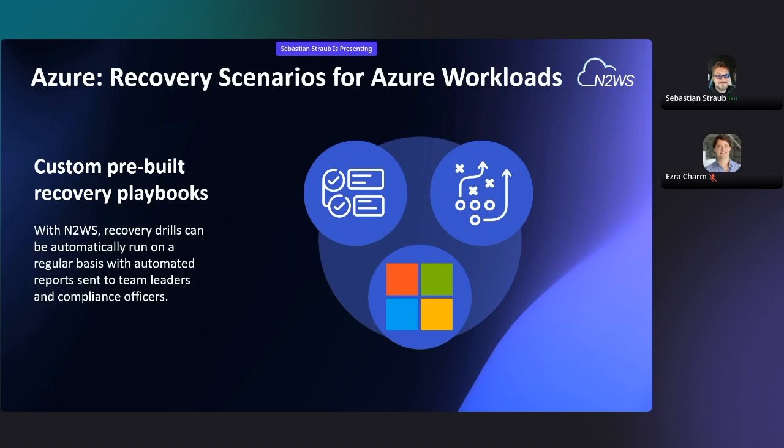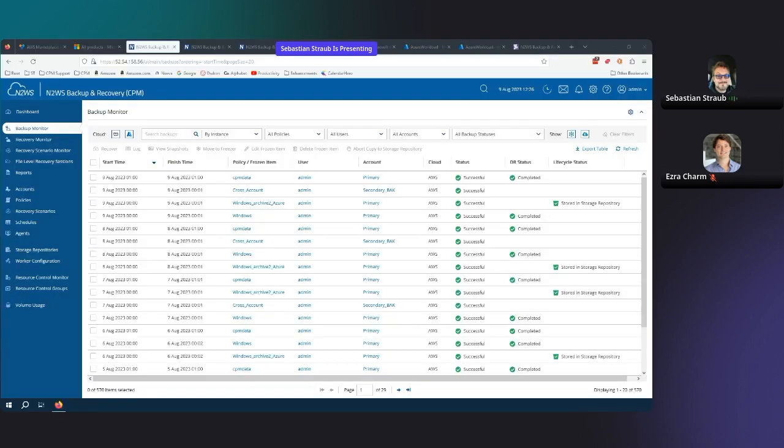But as I mentioned, if you have 200 servers, 2,000 servers, 20,000 servers, yeah, I guess you could click recover 20,000 times, but that's going to get boring real quick. So that's why you have the recovery scenarios. We now have feature parity with that feature for Azure as well. So now you can use recovery scenarios, playbooks on how a recovery should occur.